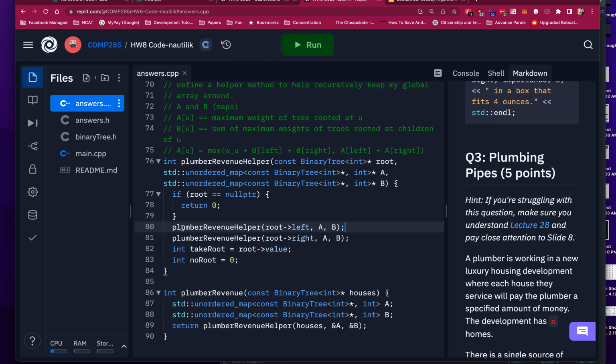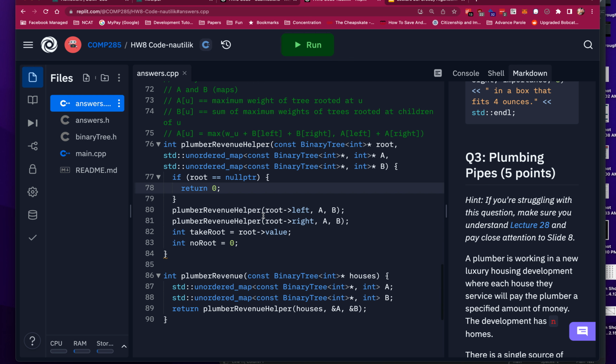The idea is that this call is going to fill in my B left, B right, A left, A right. Because it's going to keep calling itself until it gets all the way to the bottom leaves. And then when it gets to the bottom leaves, it's going to fill those in.